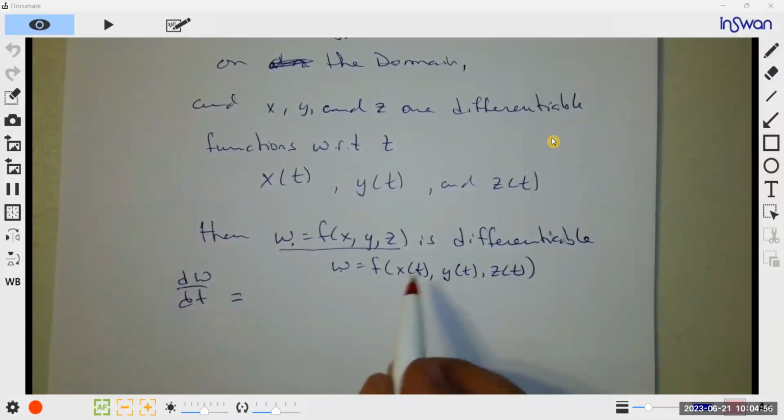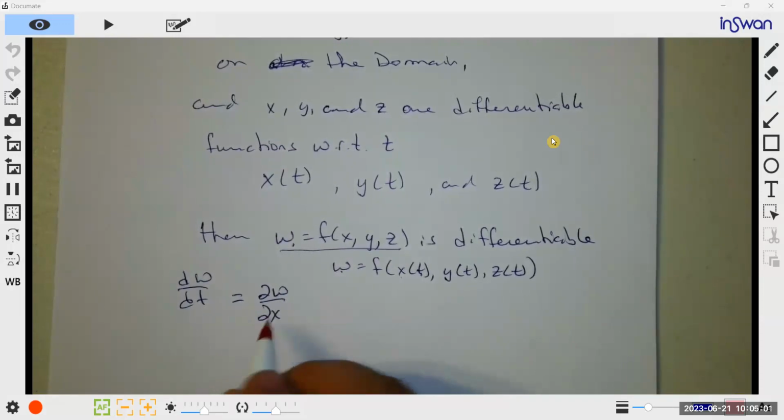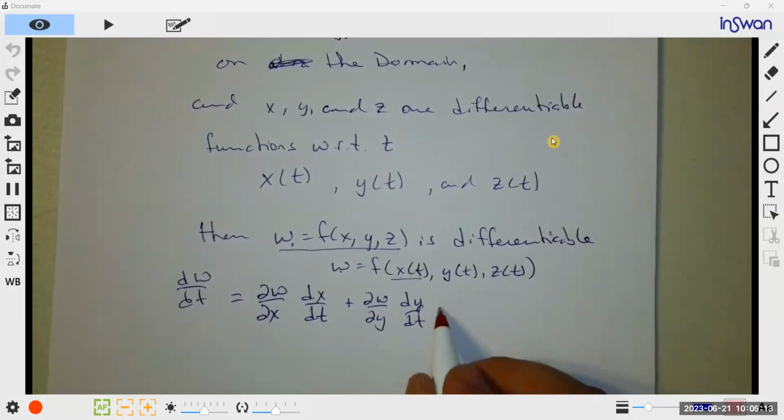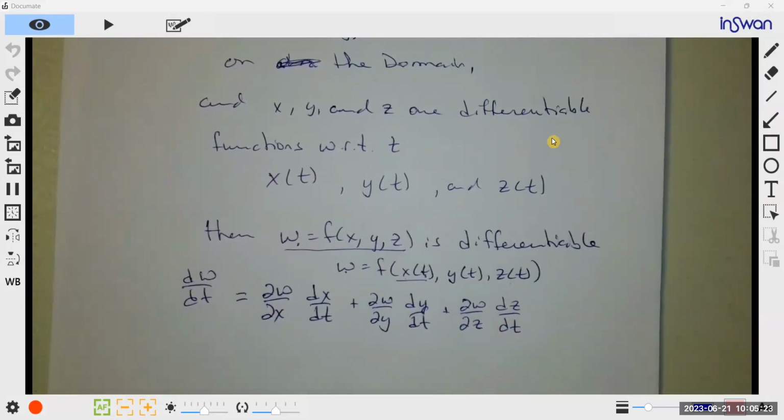So what that means is our first one, we take a partial of w with respect to x, then x with respect to t. Then we take a partial with respect to y, then take the derivative of y with respect to t. And then lastly, with respect to z, times the derivative of the subfunction z of t.